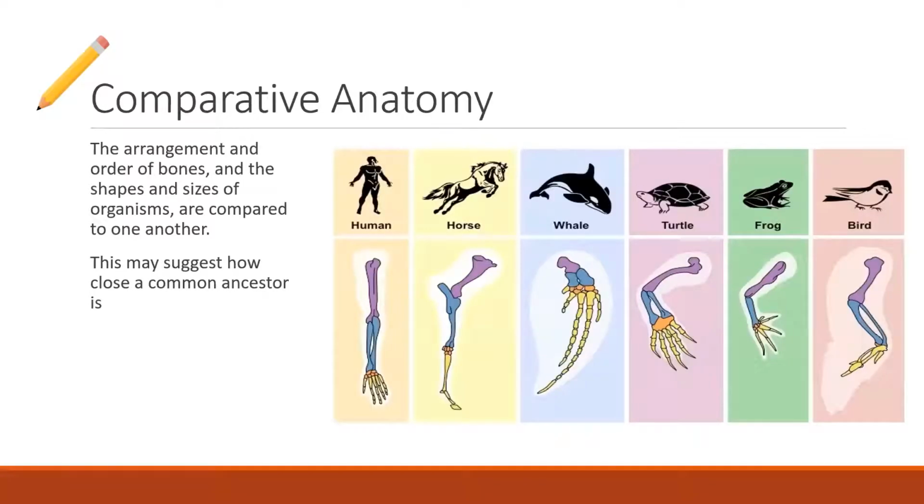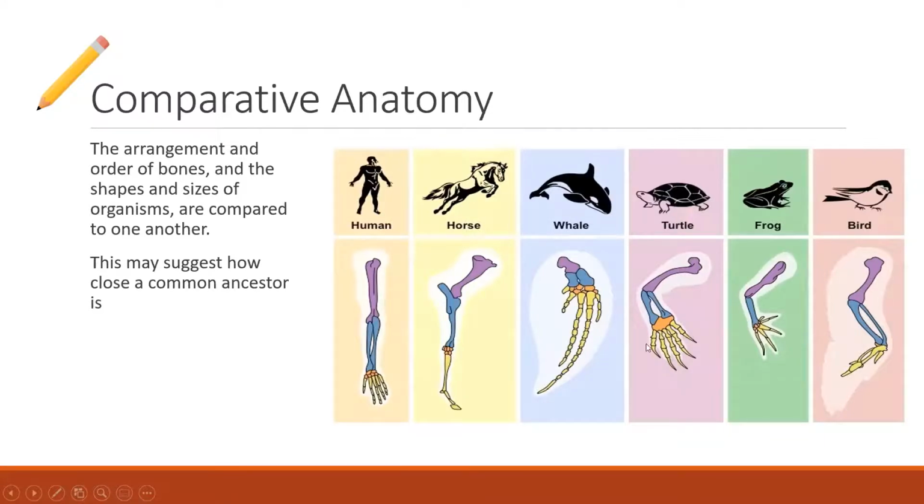So, comparative anatomy. This is pretty much the same slide, pretty much the same picture. It's just we've got a couple of different animals this time. We've got some frogs, we've got a bird, we've got a turtle. But you can see again the radius and the ulna. You see how there's a gap between them here. There's a gap between them for the whale, there's a gap between them for the turtle.